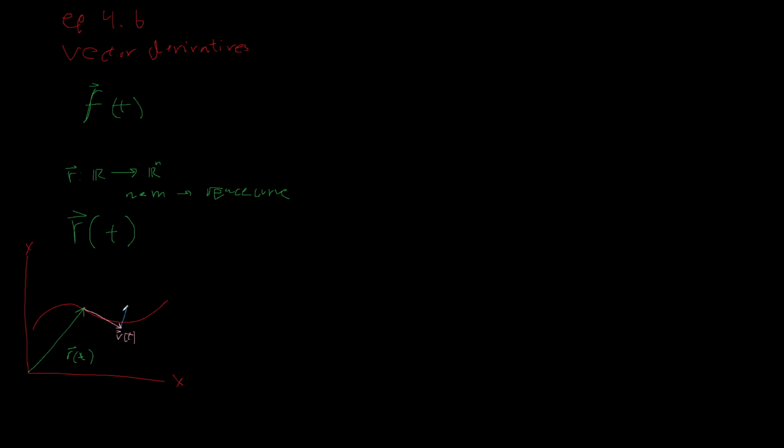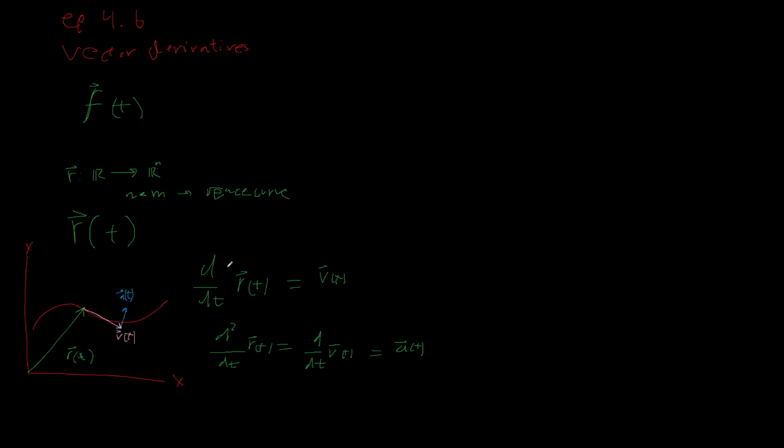If we take that one more time, we're going to get acceleration with respect to time. So d over dt of r of t is just velocity, and d squared over dt squared of r of t is equal to d over dt of velocity, which is equal to acceleration.